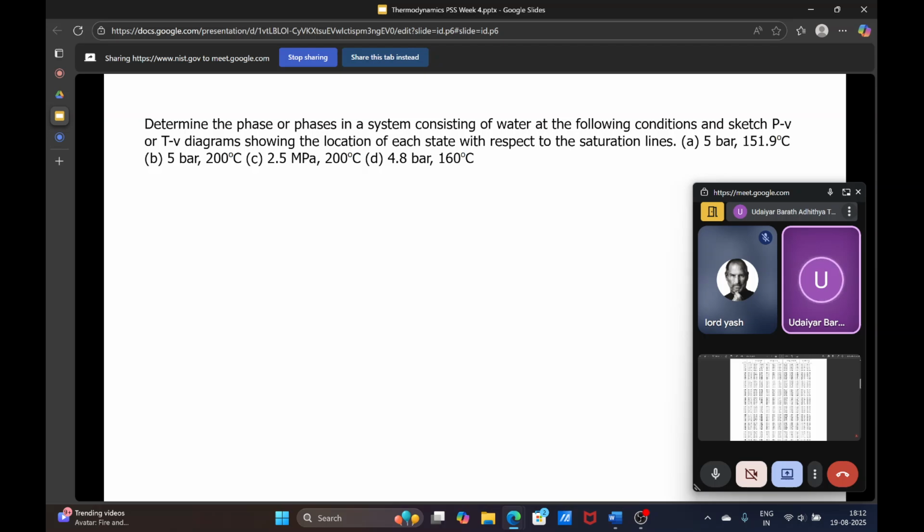Then if you keep on heating it at constant pressure, you will reach 200 degrees Celsius. So what you will have now is a superheated state. So we have superheated steam. So the state of B will be superheated steam.